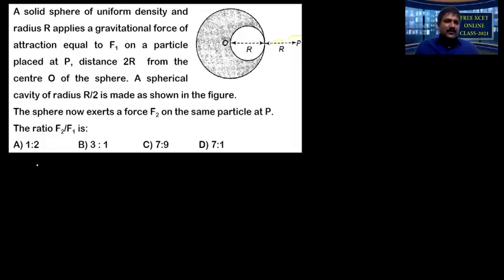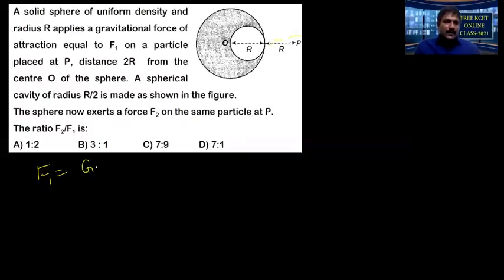Let us find the first force on the mass. Actually the force is mutual: the two bodies exert equal and opposite forces. The force on the particle is the same as the force on the sphere exerted by the particle, but we are dealing here with the particle. So F1 equals the force on the particle.